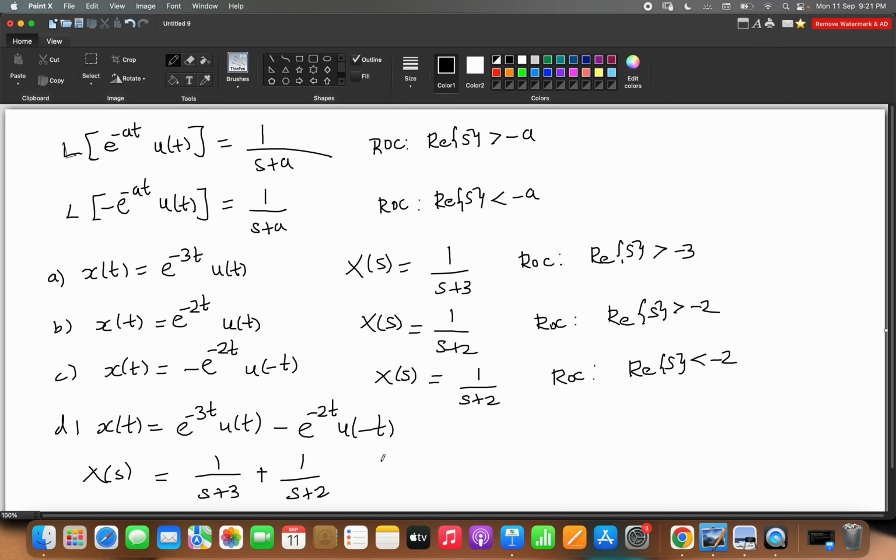When we are having two terms, we have to consider the ROC. Here one ROC is real part of s is greater than minus 3, and the other ROC is real part of s is lesser than minus 2.